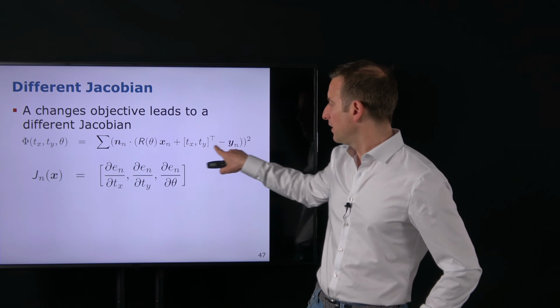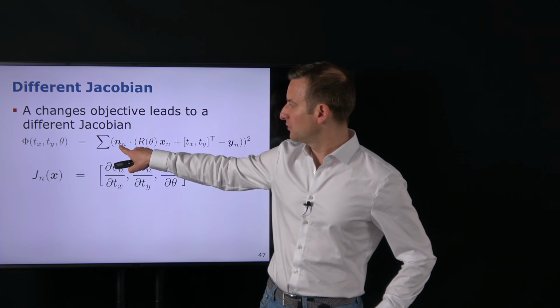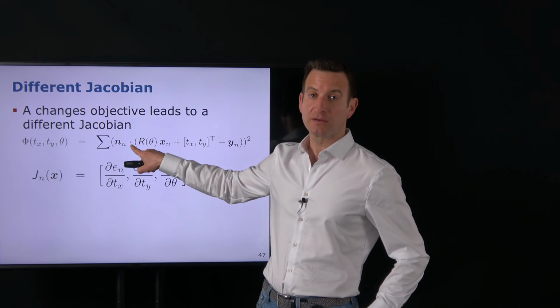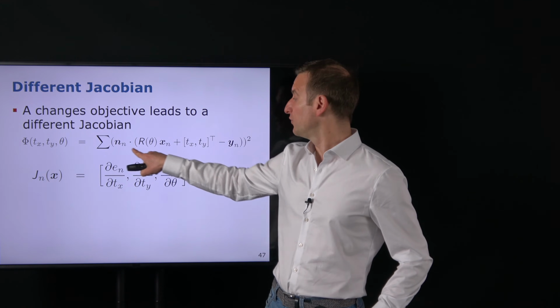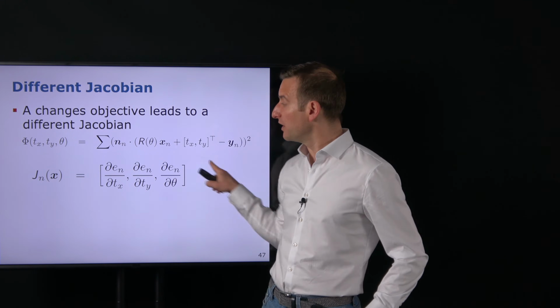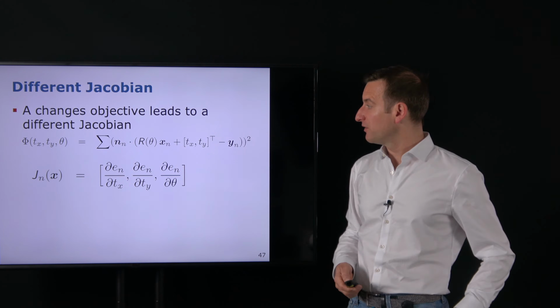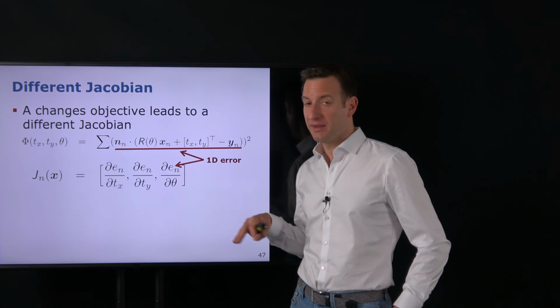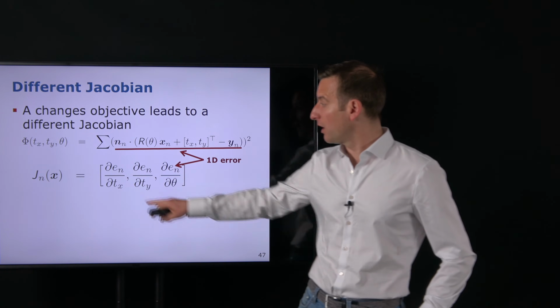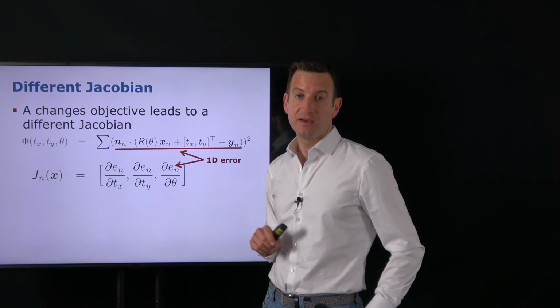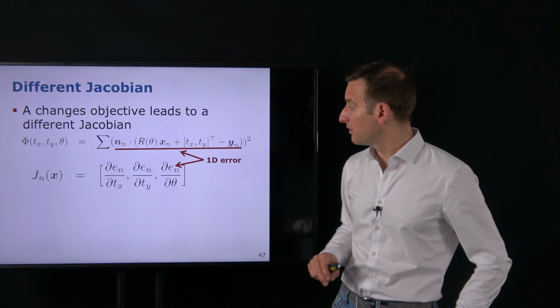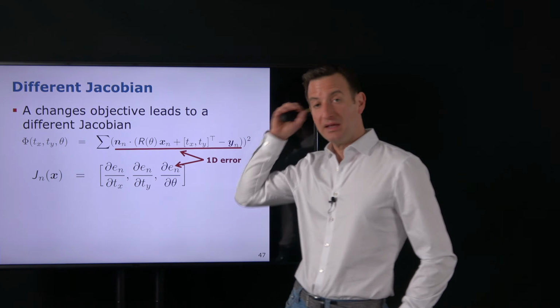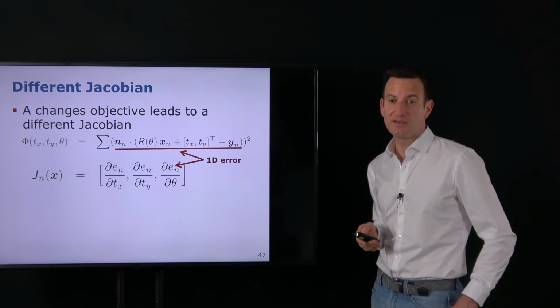So this is a two-dimensional vector, but we're computing the dot product of this two-dimensional vector, so this turns just into one single number. As a result of this, this Jacobian is not a 2x3 matrix as it was before. It's now a 1x3 vector that we have in here, right? So we just have 3 columns that my Jacobian has here.